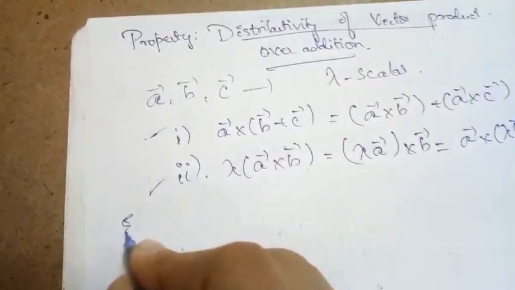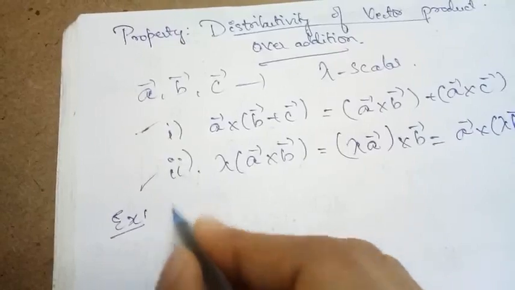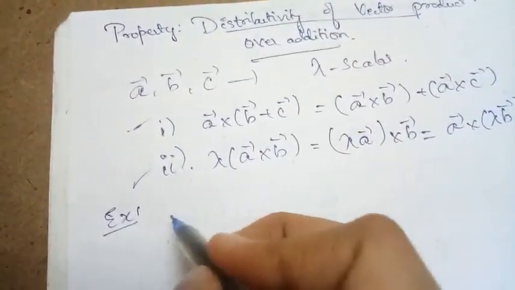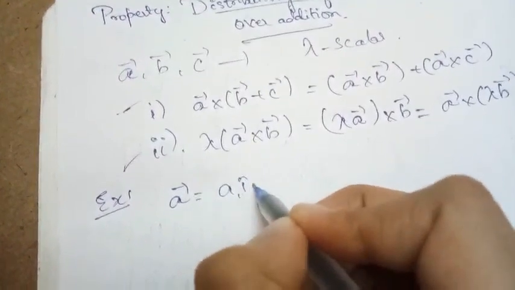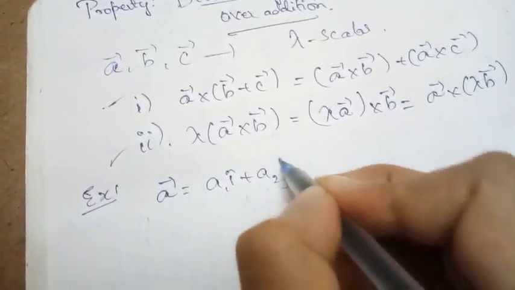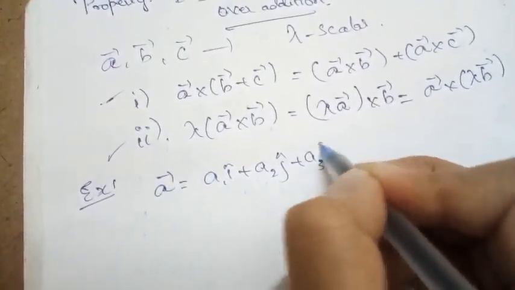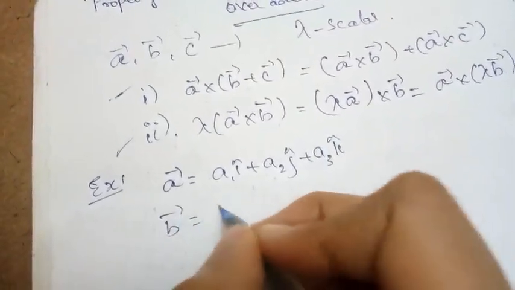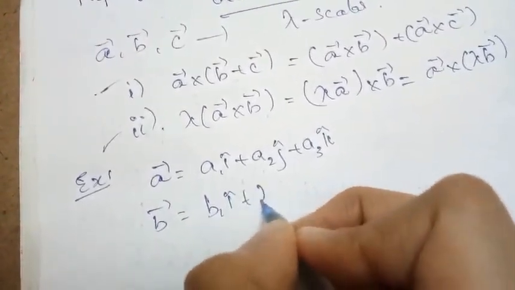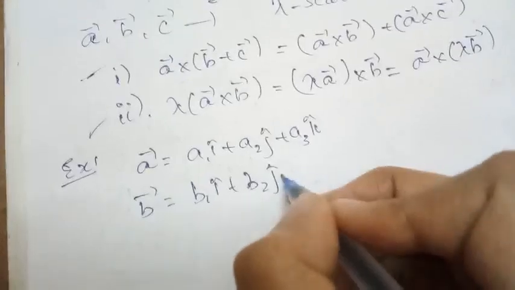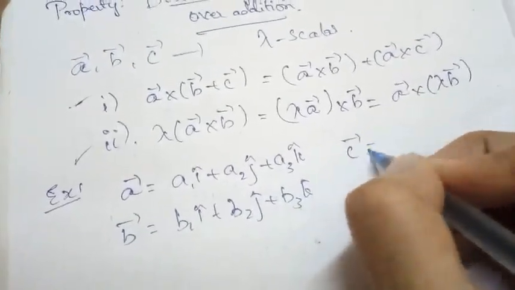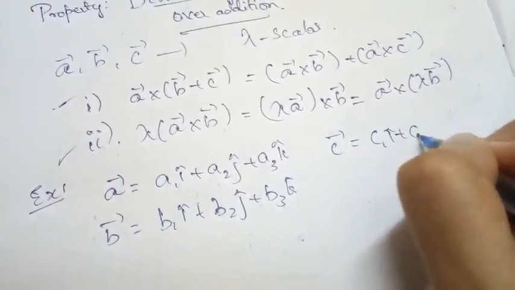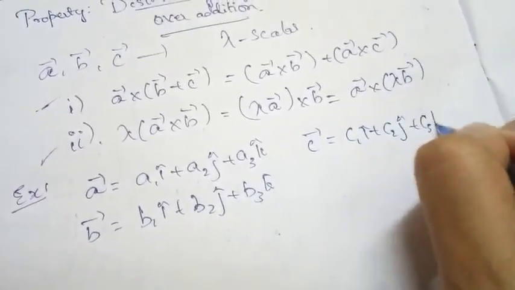There is one exercise problem related to this section. They have given the components of three vectors: vector A is a1 i cap, a2 j cap, a3 k cap, vector B is b1 i cap, b2 j cap and b3 k cap, and vector C is c1 i cap, c2 j cap and c3 k cap.